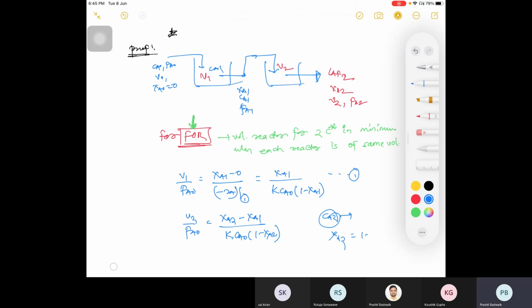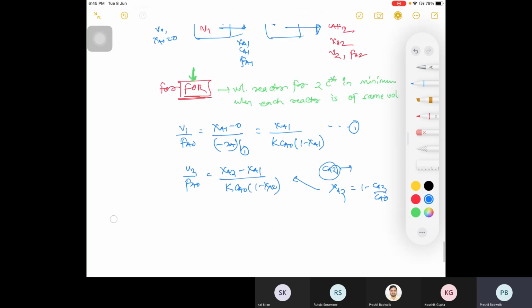Xa2 is 1 minus Ca2 by Ca naught, so I'll substitute here. This is your second equation. Now please add first and second. So you will get total volume: V1 plus V2 divided by Fa naught is equal to these two values.